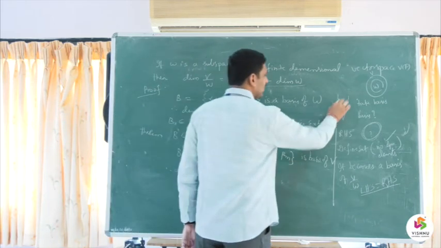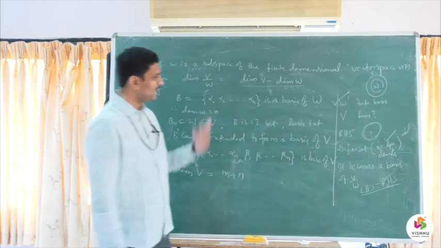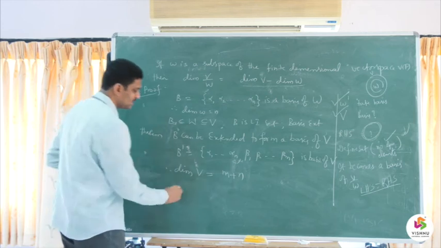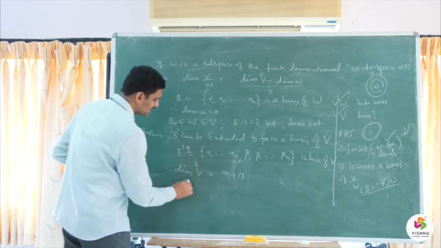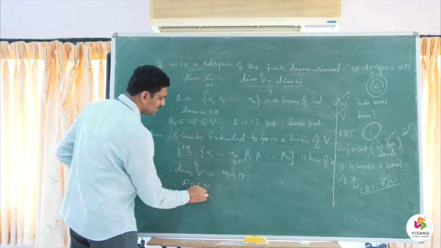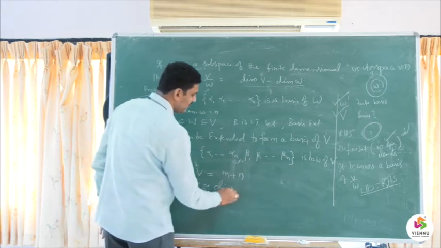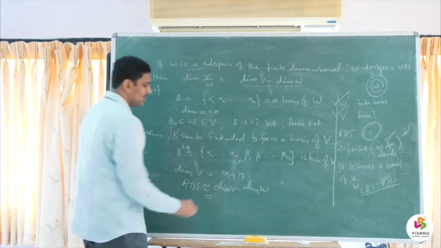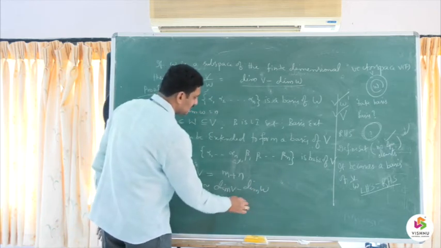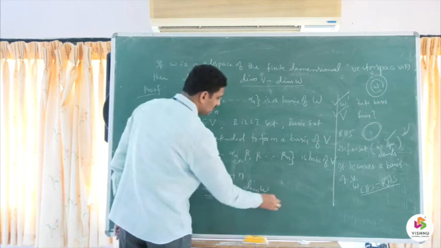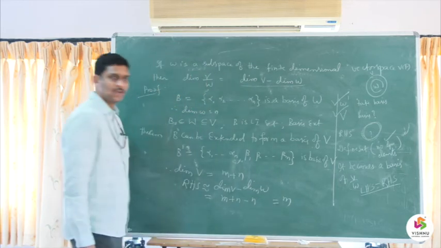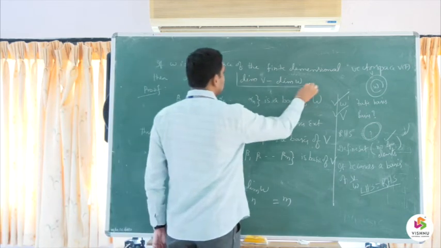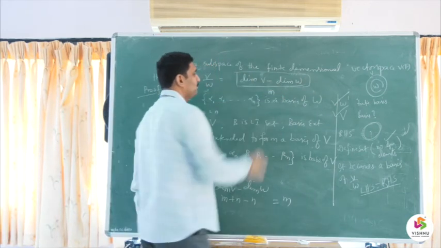I have taken a basis for W, and I have obtained a basis for V. Now I am going to calculate the value of RHS, which is nothing but dimension V minus dimension W. Dimension V is m plus n, dimension W is n. So this output is m. So I have calculated the value of RHS, and I got that value as m.